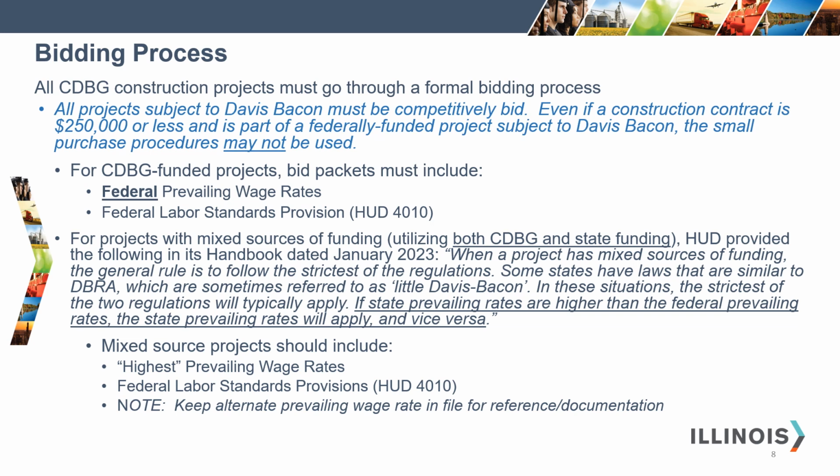If state prevailing rates are higher than the federal prevailing rates, the state prevailing rates will apply, and vice versa. Mixed source projects should include the highest prevailing wage rates and the Federal Labor Standards Provisions HUD 4010. Please note that you should keep the alternate prevailing wage rate in the file for reference and documentation.